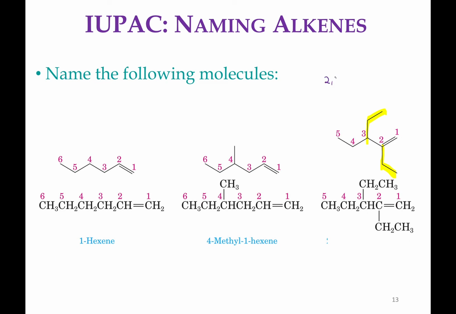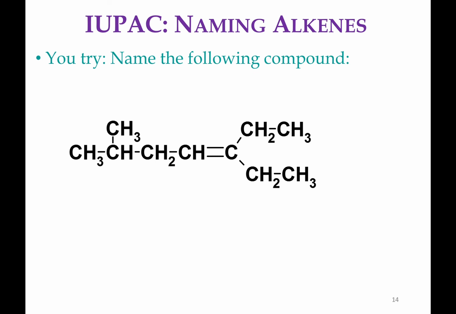So 2,3-diethyl-1-pentene. Again, no cis-trans. You can't have cis-trans on a terminal alkene because it's going to have 2 hydrogens. So we're just going to do a bunch of practice for now. And so pause it, try it, and then we'll look at the right answer together.